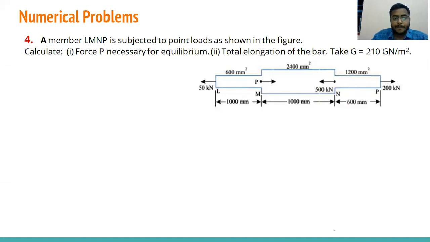Okay. A member is given, that is L, M, and P, subjected to the point load as shown in the figure. Calculate force P necessary for equilibrium condition. Means we have to assume that this body is in equilibrium condition. So what will be the P?